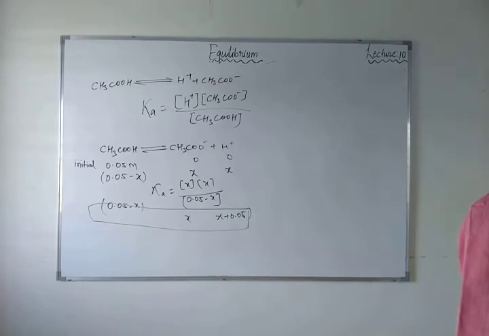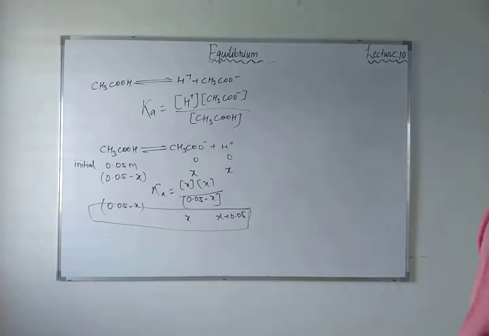Now, hydrolysis of salt and the pH of their solutions. Hydrolysis, you know, what is the meaning of hydrolysis? Salt formed by the reaction between acid and bases in definite proportion undergoes ionization in water. You know very well.